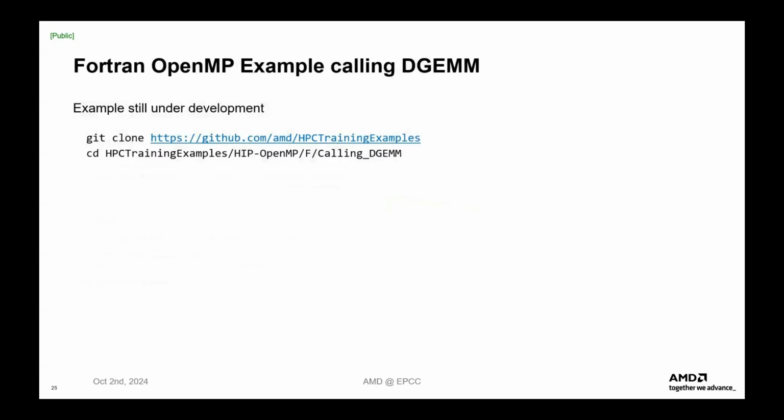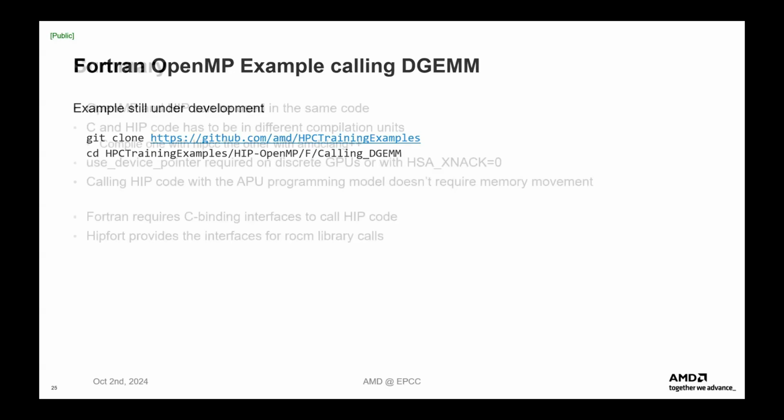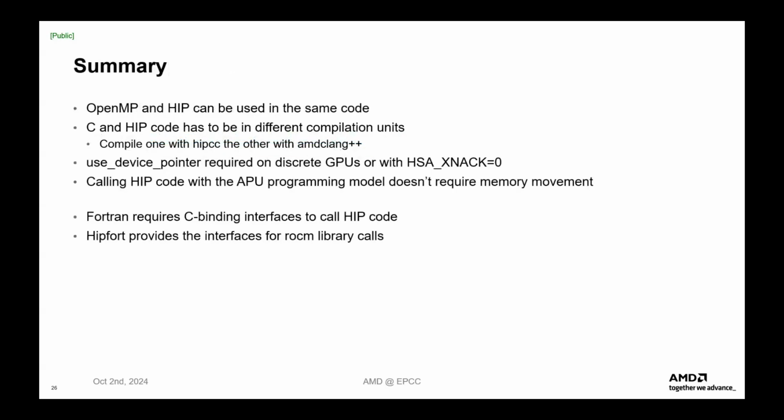There's also this Fortran example in our exercise repository, and you can later check out how it works. To sum it up, OpenMP and HIP can be used in the same code. C and HIP code have to be in different compilation units, and you have to compile one part with hipcc and the other part with AMD Clang++.